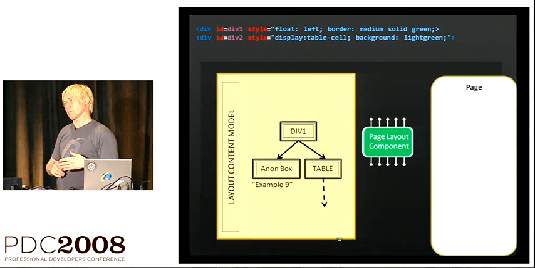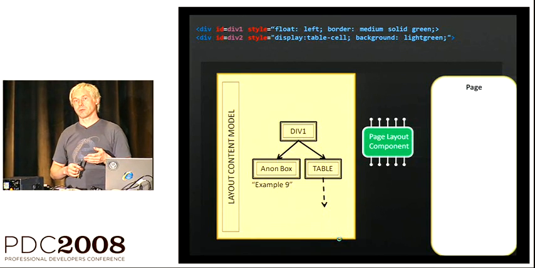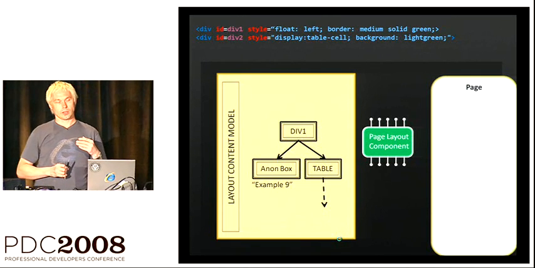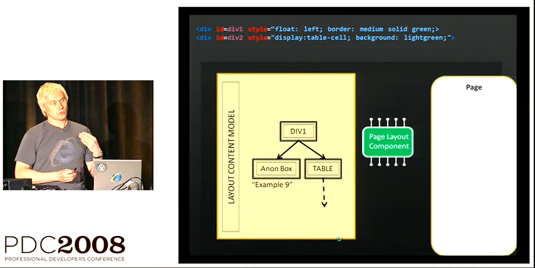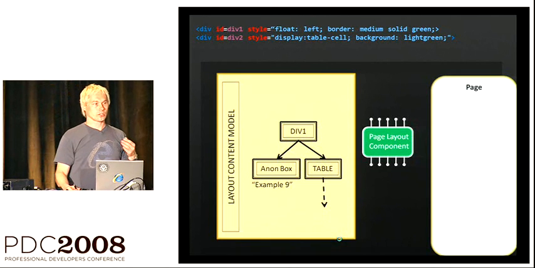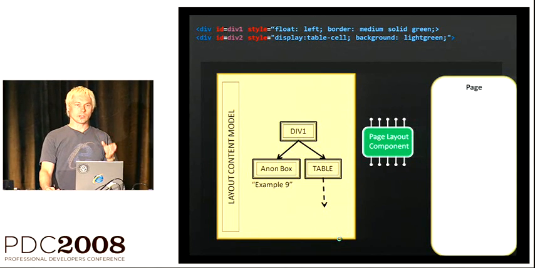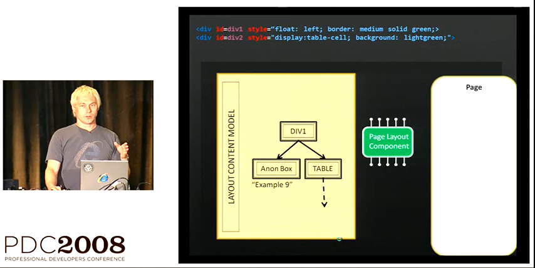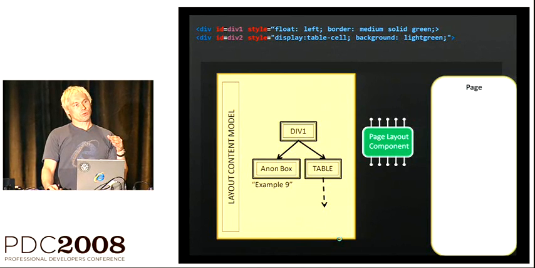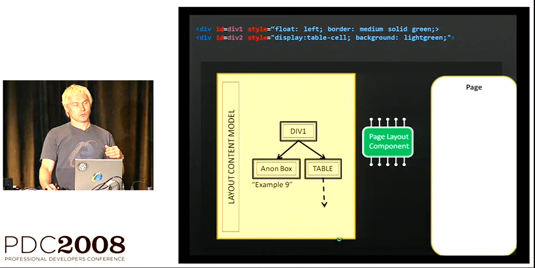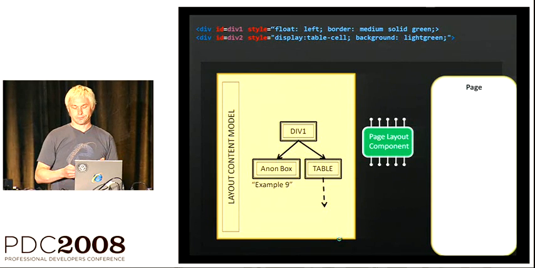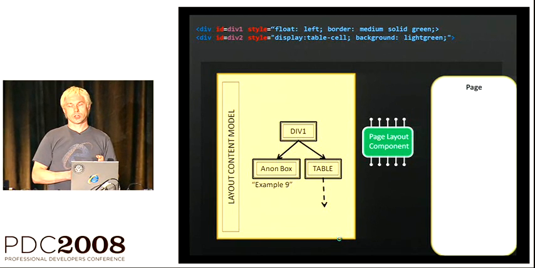Now, when this gets handled by page layout component, it is working in an interface which has a very well specified separation of layout logic from content. There is a reason for that. This component is a piece of code that we share with Microsoft Office.